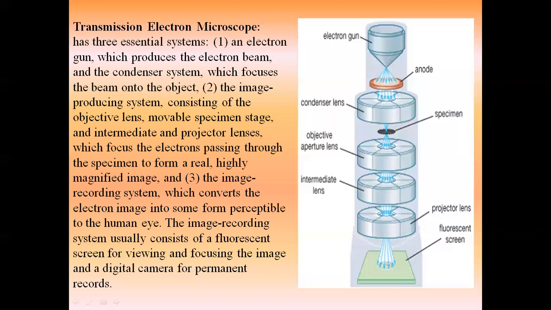The first part has an electron gun, which produces the electron beam, and the condenser system, which focuses the beam onto the object. So this is your first part.